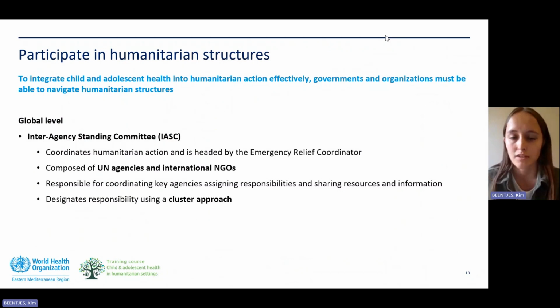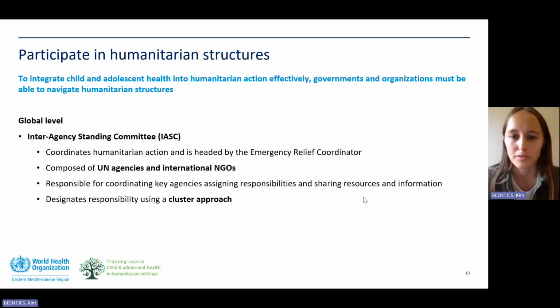This is composed of UN agencies and international NGOs, and it's responsible for coordinating key agencies and assigning responsibilities and sharing resources and information. And it has a designated responsibility using a cluster approach.